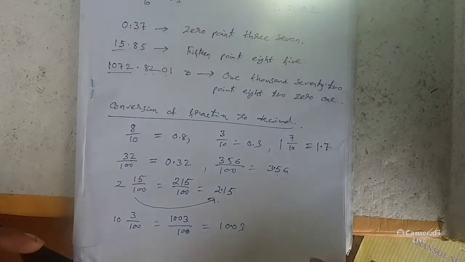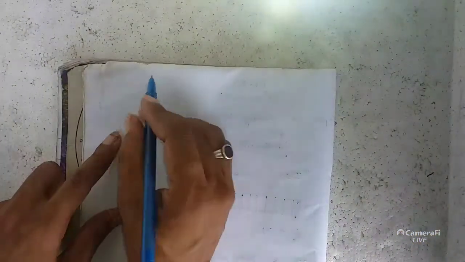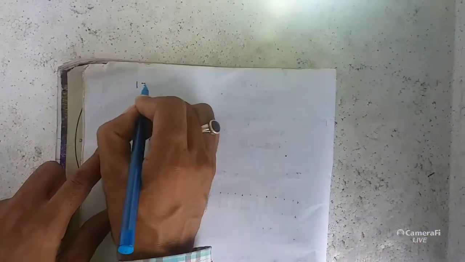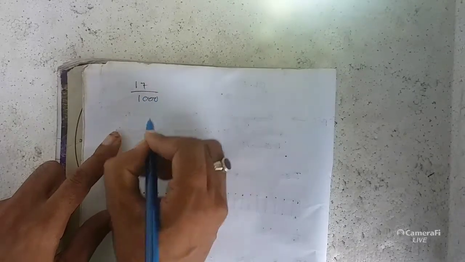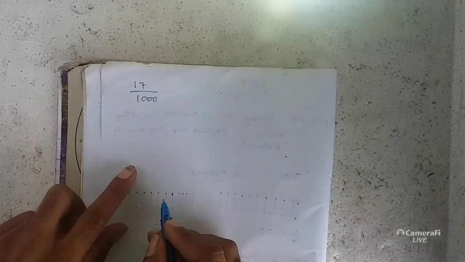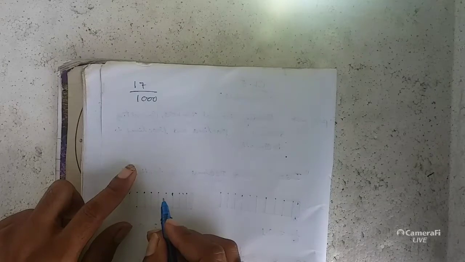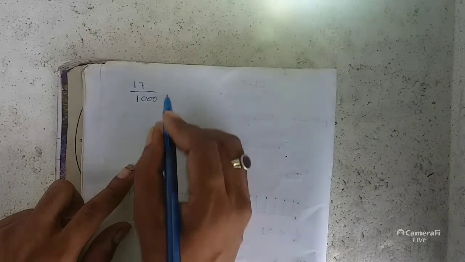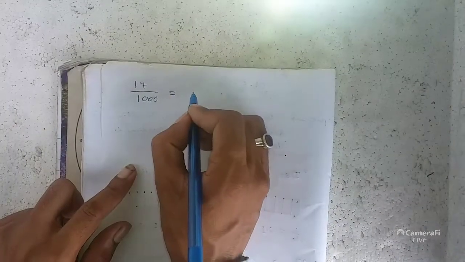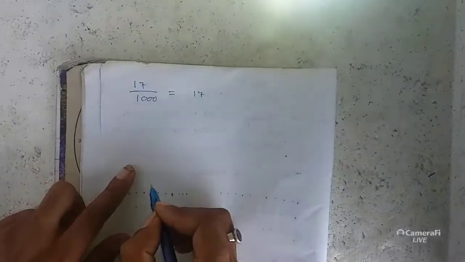Okay. Now, suppose the number I am taking here is 17 by 1000, 3 zeros are there after 1. Write the numerator number 17.